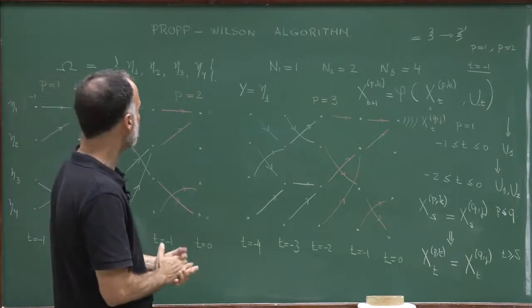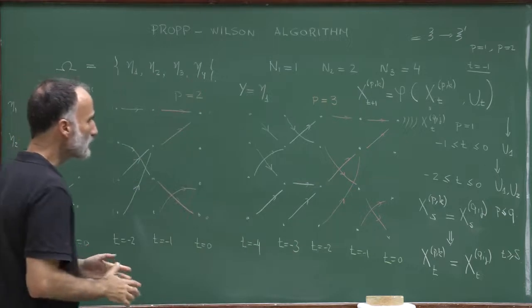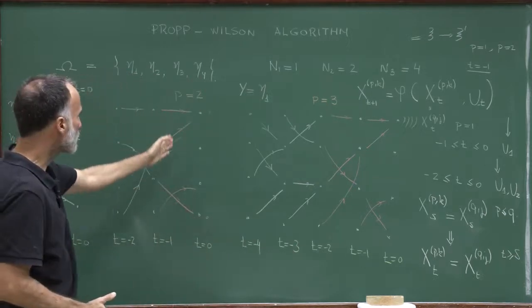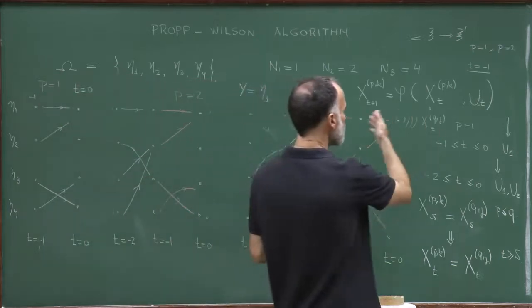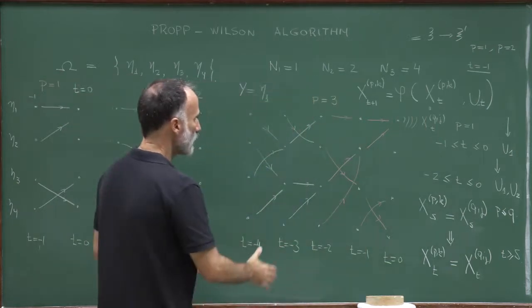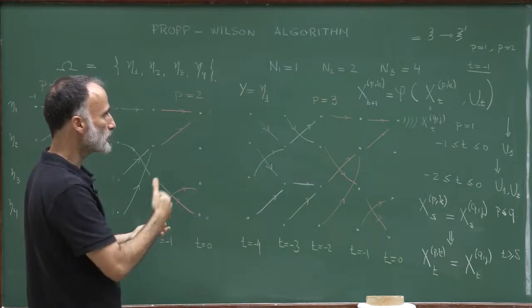But what you need to keep in mind is that this property, that we are keeping the same u's as we go backward in time, and therefore a piece of the history is known when you go from one step to the other.